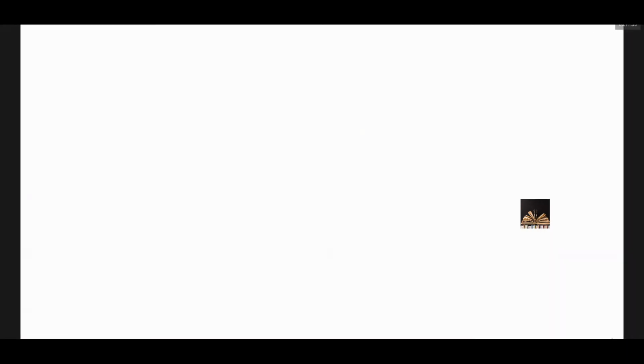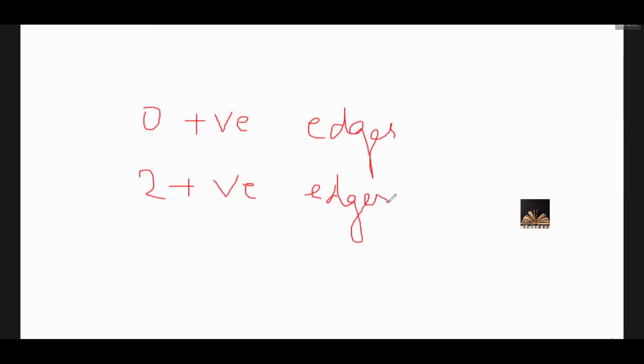Whenever you have 0 positive edges, or 2 positive edges, then the triangle is referred to as unstable. They will give a triangle. See here.